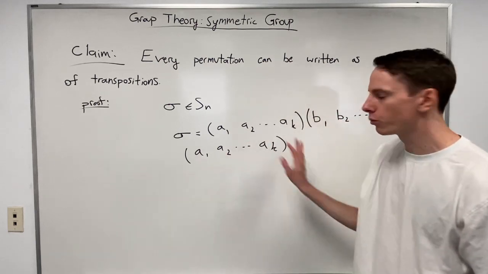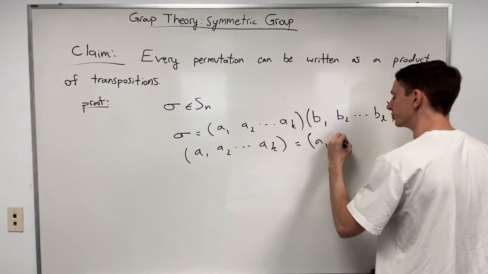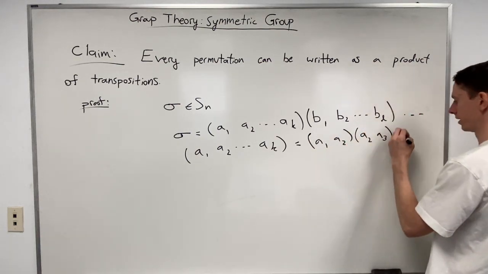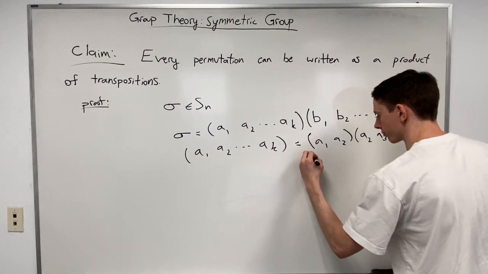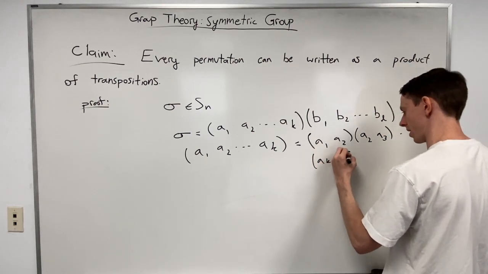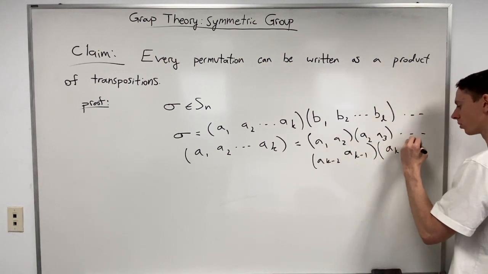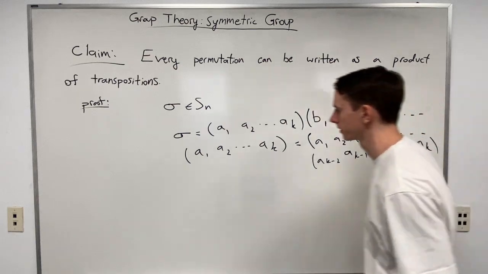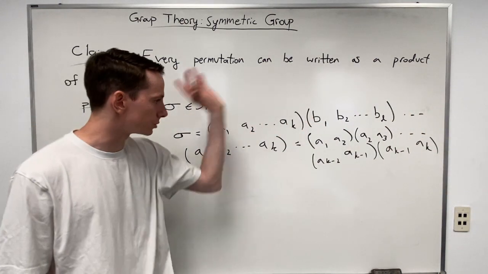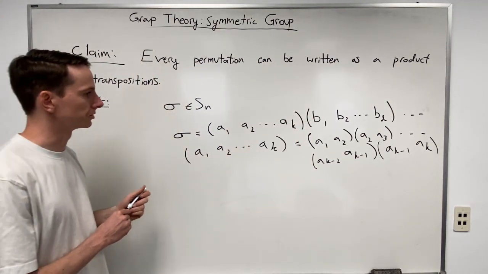A1 through AK can simply be written as (A1 A2)(A2 A3), and this could keep on going all the way through (AK-2 AK-1)(AK-1 AK), like this. And this pattern would be applicable for every cycle in the permutation.